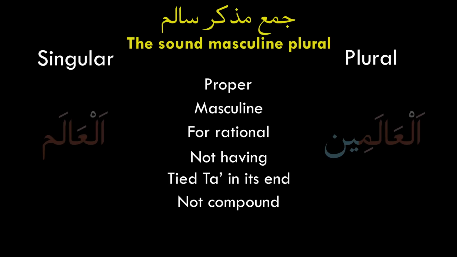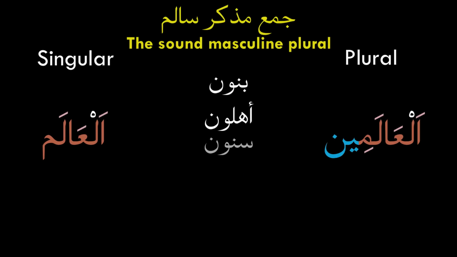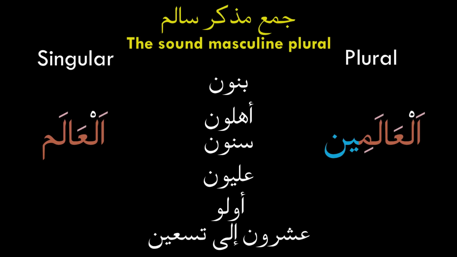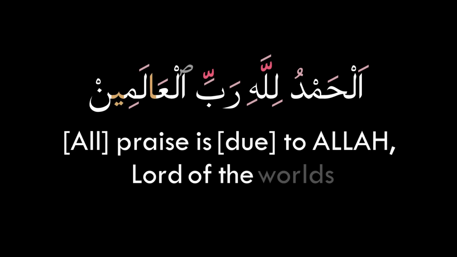Returning back to al-alamin, this noun doesn't meet all the conditions. So why did we use this way to make it plural? The answer is that this noun is one of the 7 special cases that we can make plural by this way, always. So the whole verse means, all praise is due to Allah, Lord of the worlds.